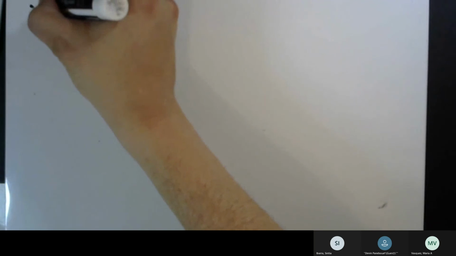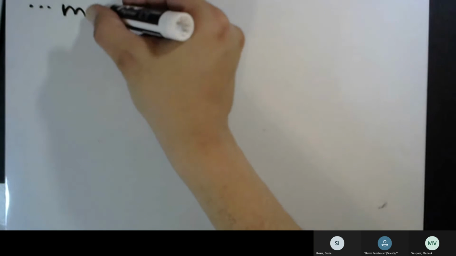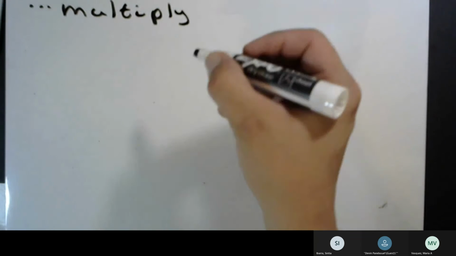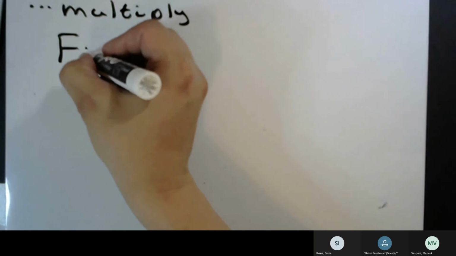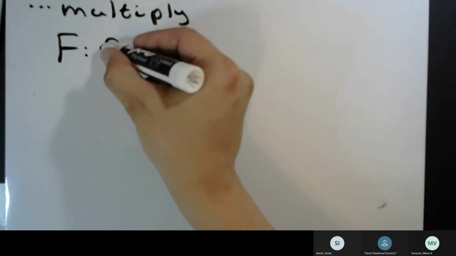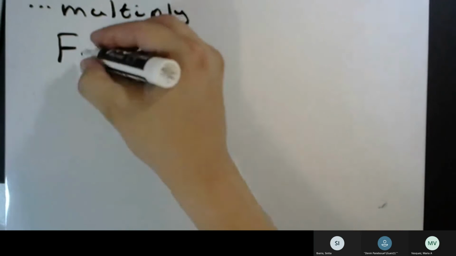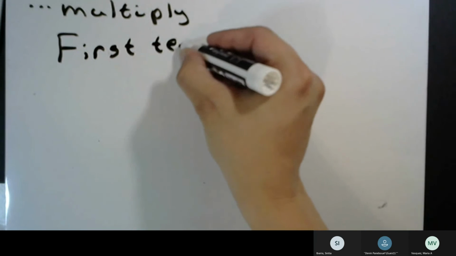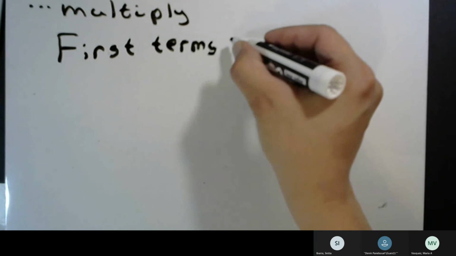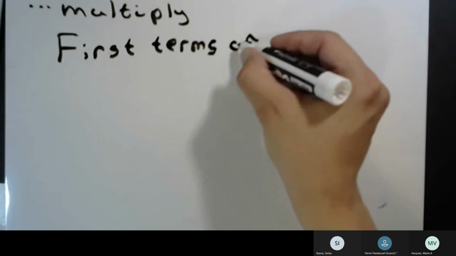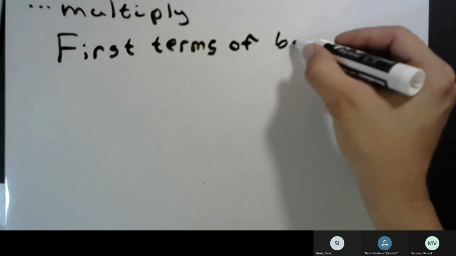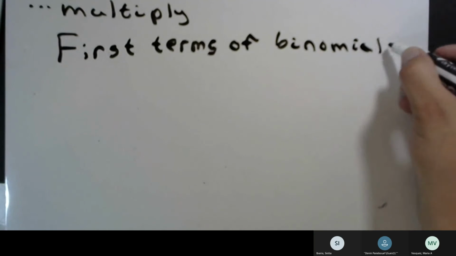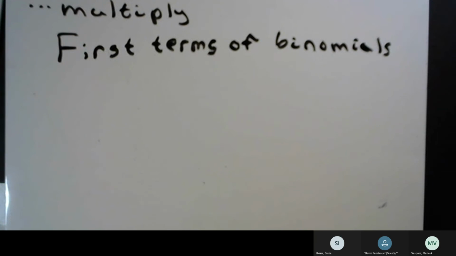So what we're going to do when we FOIL, we multiply the first terms of each binomial.